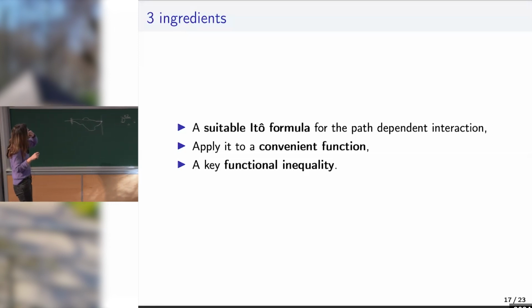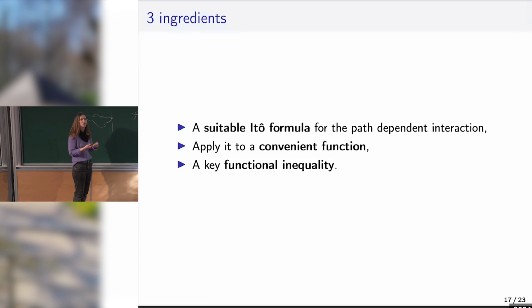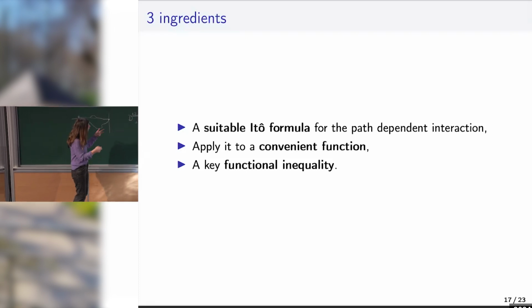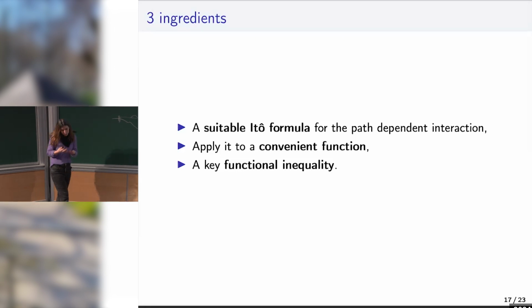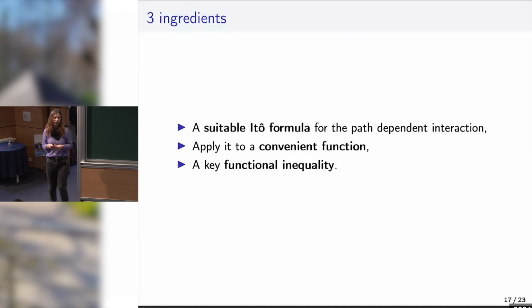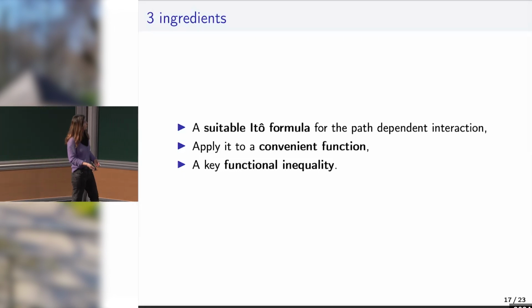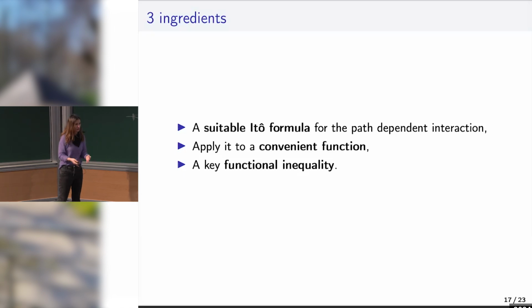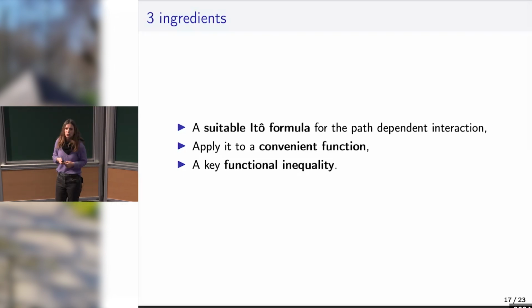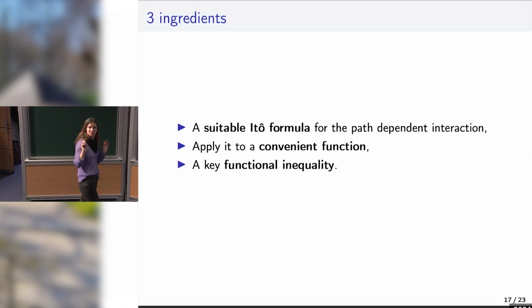You need to find a convenient function to which you apply the Ito formula, so you can control your terms. And at some point we realized that we needed a function inequality. So we derived a nice function inequality that we didn't find in the literature.